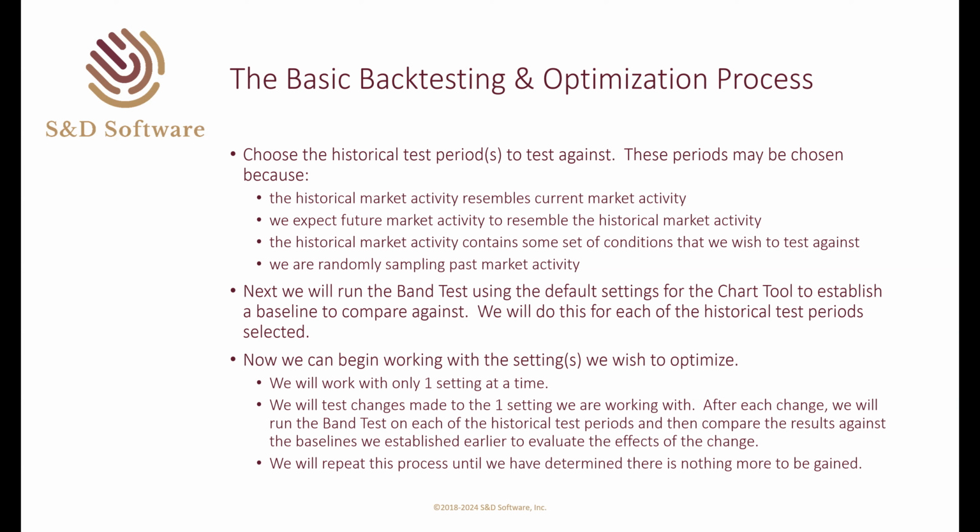This has to be done very methodically so that you can minimize the time you actually spend backtesting and still have a very high probability of getting results that are near the optimal. I'll put it to you that way.